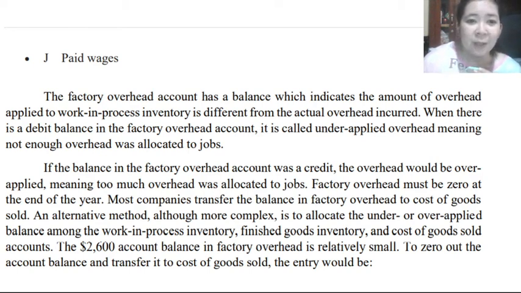Okay, so the 2,600 account balance in our factory overhead is considered to be irrelevant or immaterial. To zero out this balance, in this case, the cost of goods sold will absorb the difference or the balance of our factory overhead.